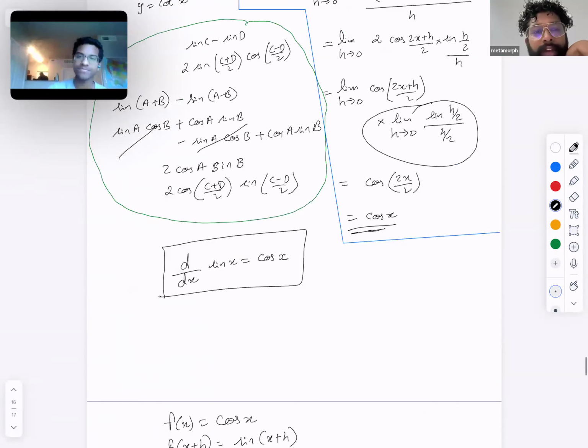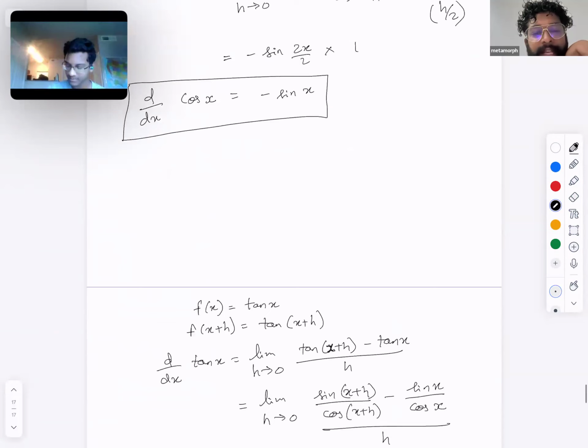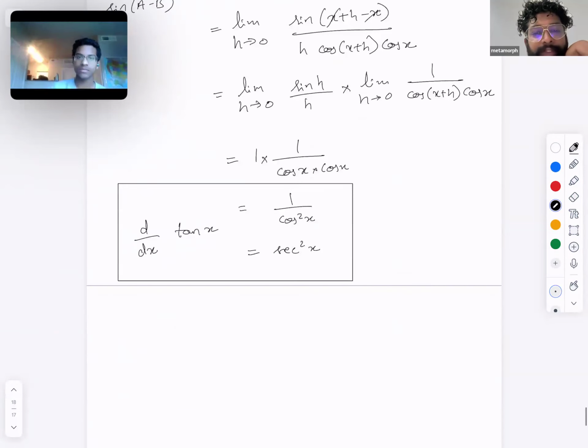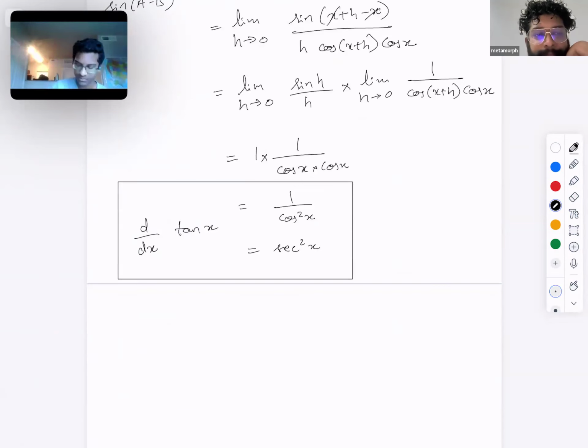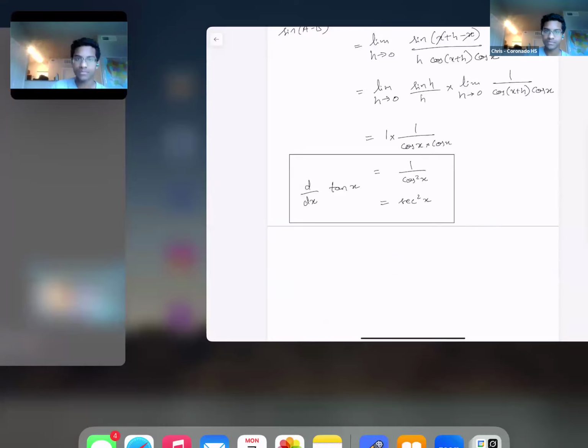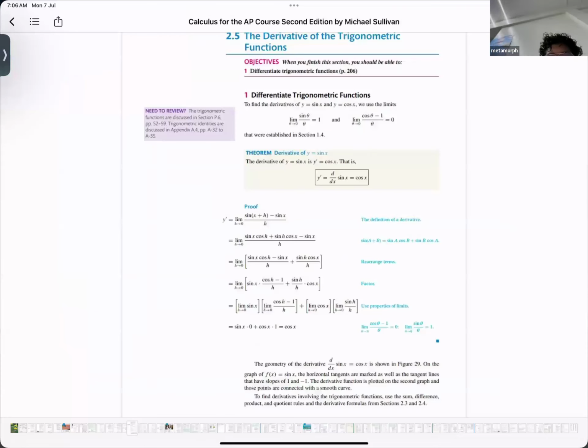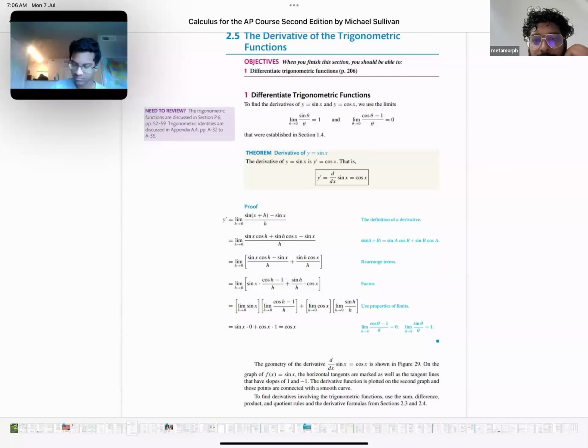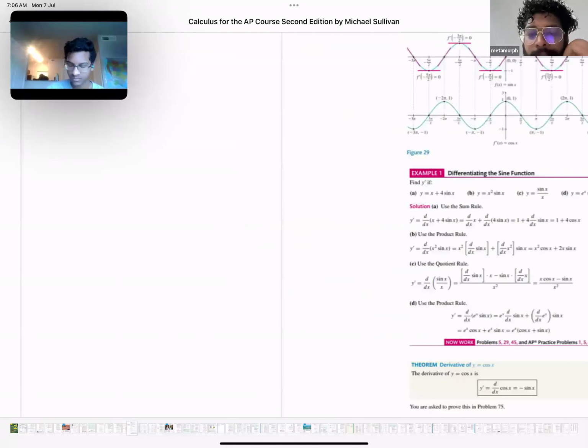All right. So you've got all three of them now. You have the derivative of sine x, which is cos x, the derivative of cos x, which is negative sine x, and the derivative of tan x, which is sec square x or 1 over cos square x. So jumping to this, they are done with dx of sine x, which is cos x, divided by dx of cos x, which is minus sine x.